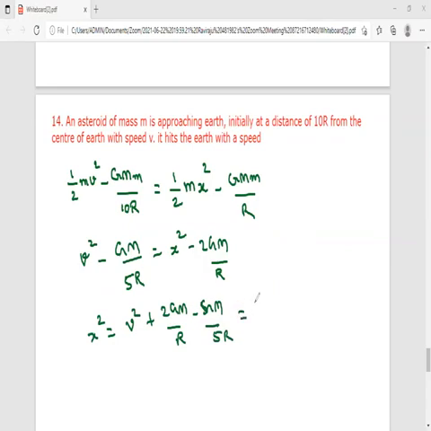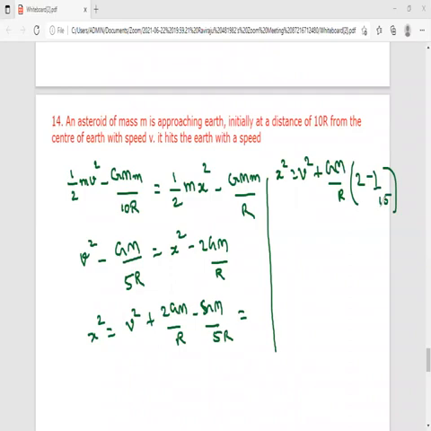And now X square equals V initial square plus, what remains, G M by R can be taken common. That will be 2 minus 1 by 5. So based on the given options, you can take the correct one. Finally the answer is final velocity square equals initial velocity square plus G M by R into 2 minus 1 by 5.